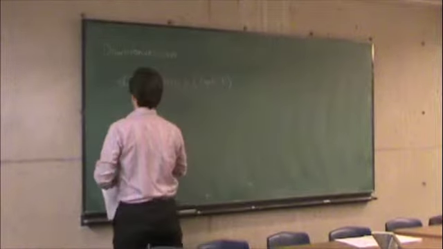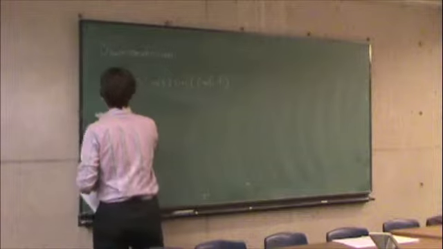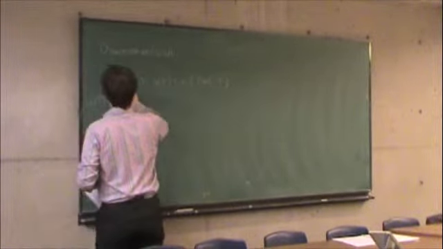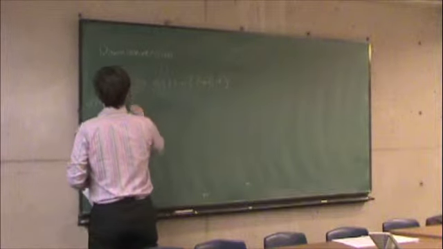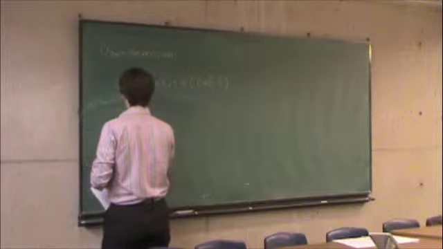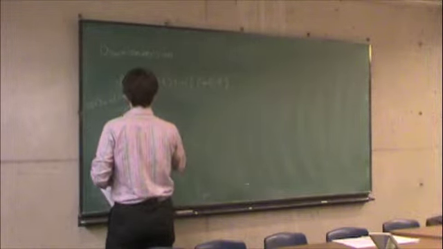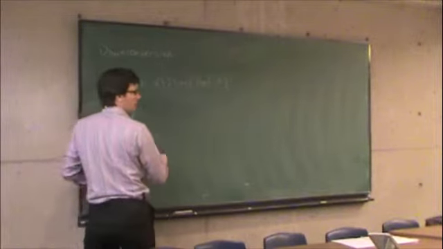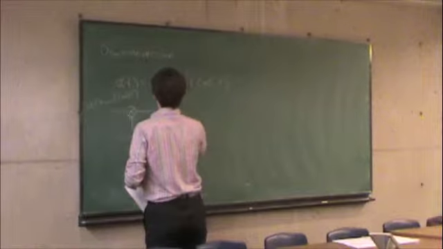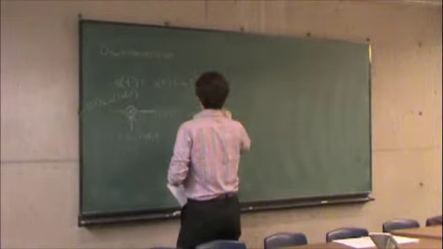So what I'm going to do is I have S of t sine 2 pi f c t, and I'm going to multiply by 2 sine 2 pi f c t. What I get out is 2 S of t sine squared 2 pi f c t.